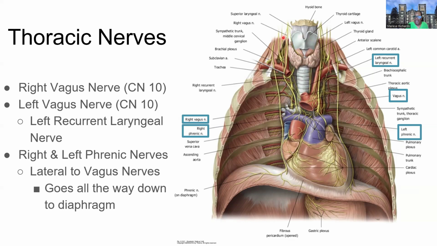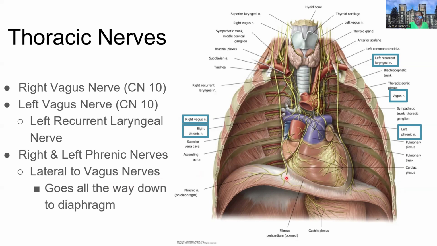On the right side, because there is no arch of aorta, the right recurrent laryngeal actually wraps around the subclavian artery. So here's the vagus on the right. Here's the right recurrent laryngeal, and that recurs or wraps around the right subclavian artery.